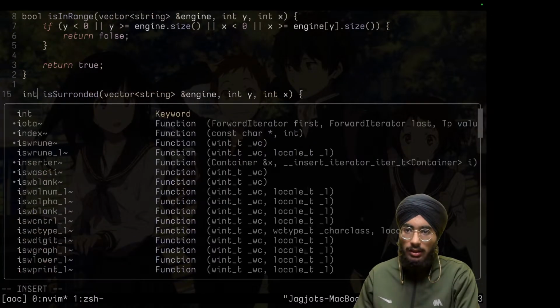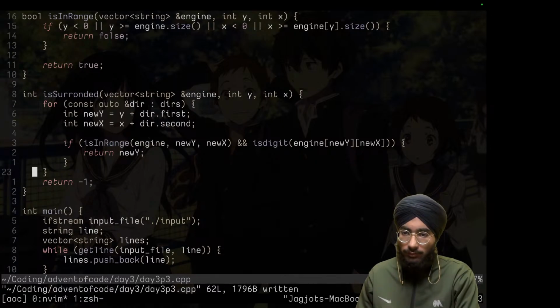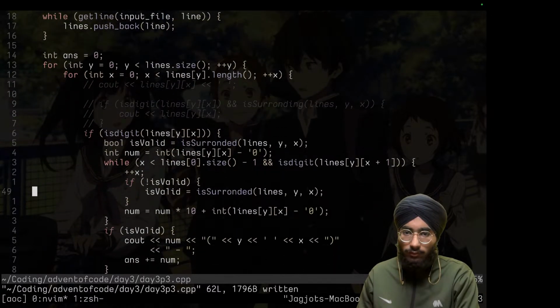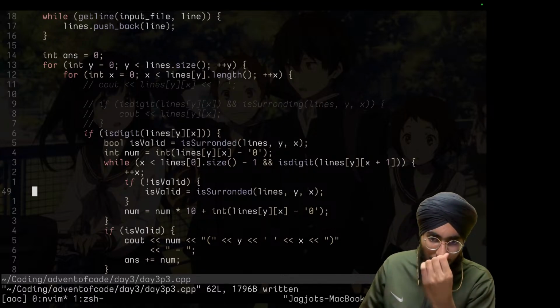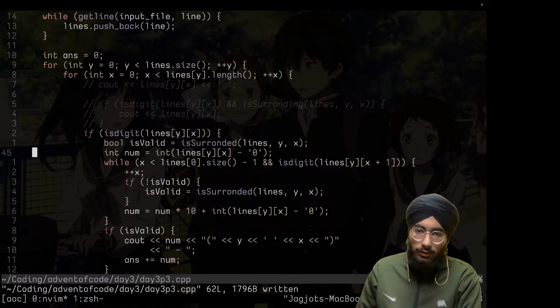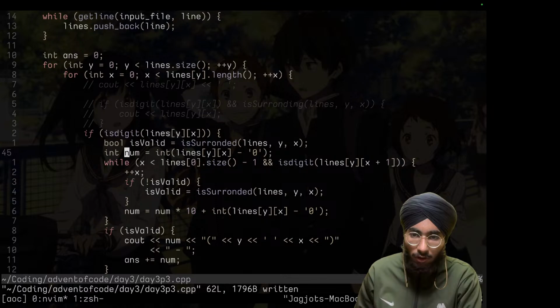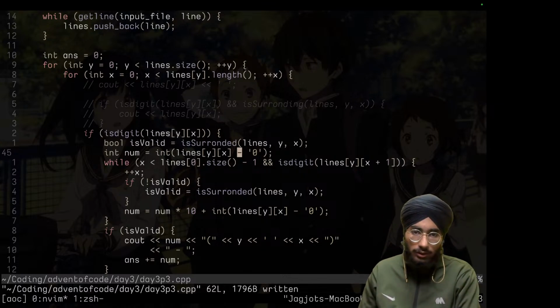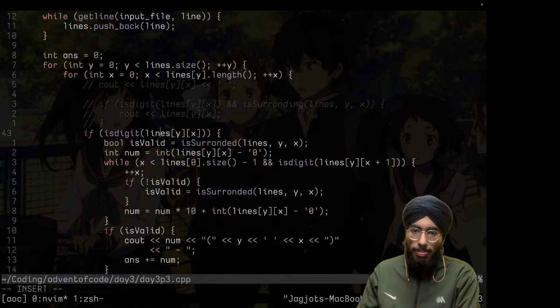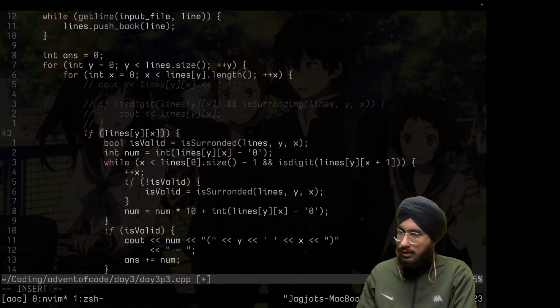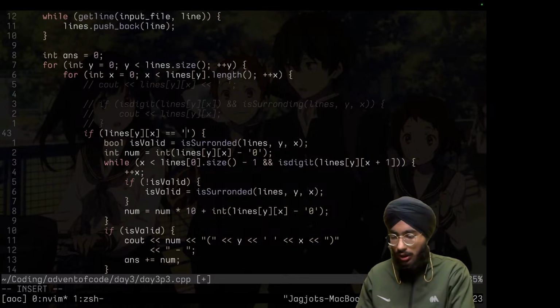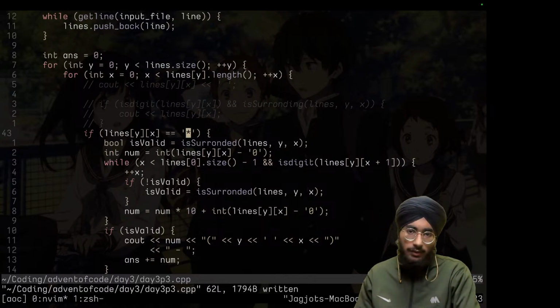It is an integer. Okay, so we are searching for not digits this time, is equal to star, which is a gear.